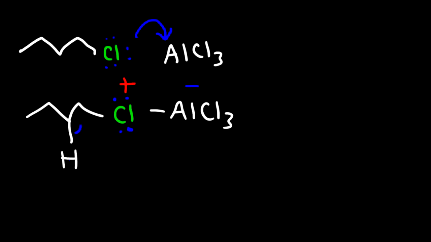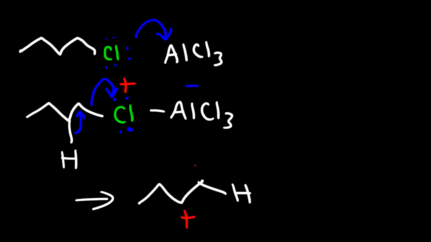So this hydrogen is going to move to that carbon, causing the carbon-chlorine bond to break. Because chlorine is more electronegative than carbon, when the C-Cl bond breaks, the electrons will go towards the chlorine atom. And so by doing this, we can avoid the formation of an unstable primary carbocation intermediate, jumping directly to the secondary carbocation.